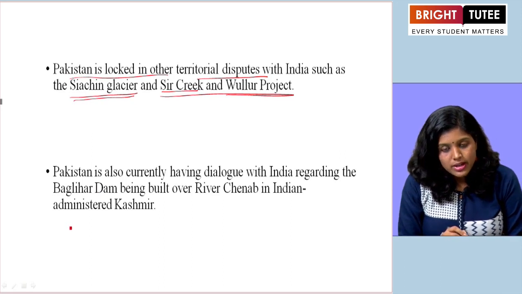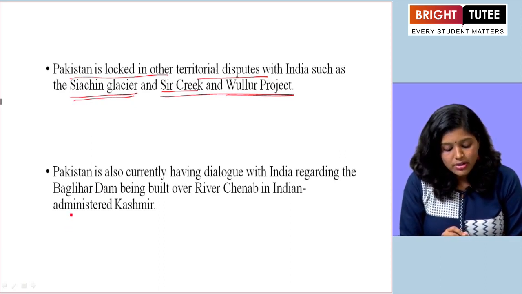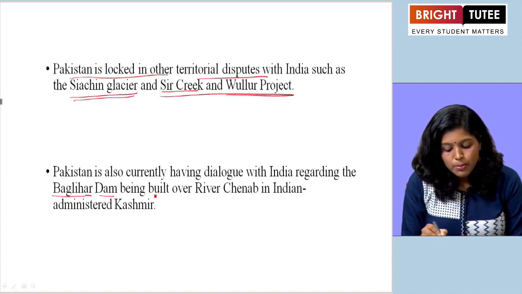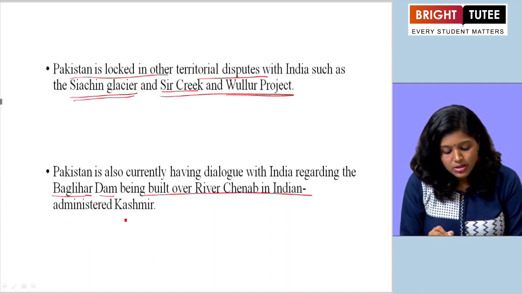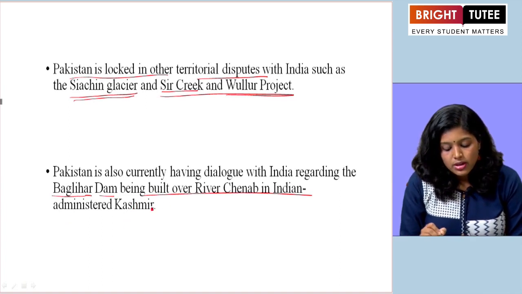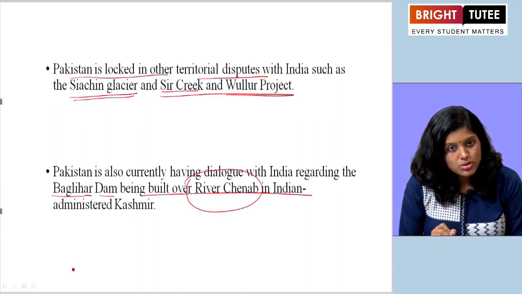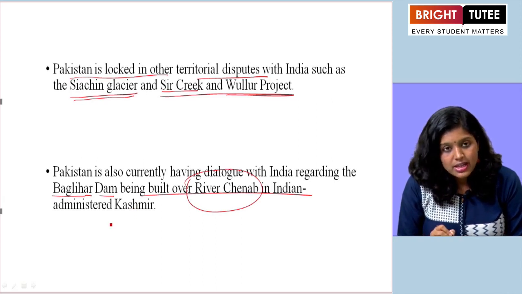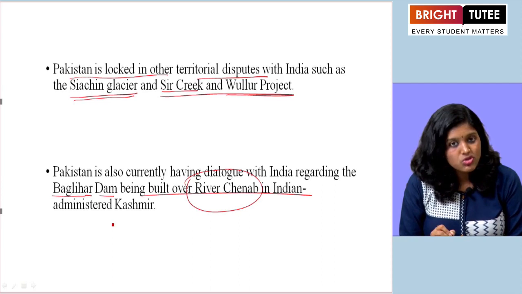Pakistan is also currently having dialogue with India regarding the Baglihar Dam being built over the river Chenab in Indian-administered Kashmir. So, regarding the building of the dam over the river Chenab by India, there are also issues which Pakistan and India face, and they are currently having dialogues with each other.